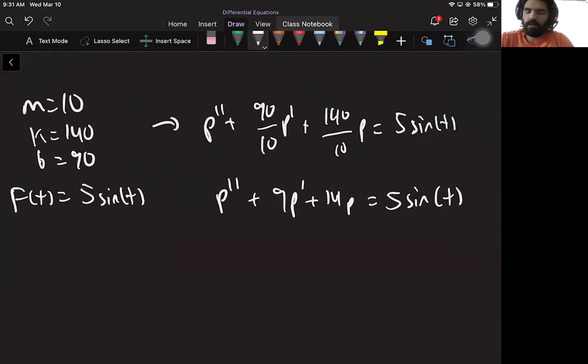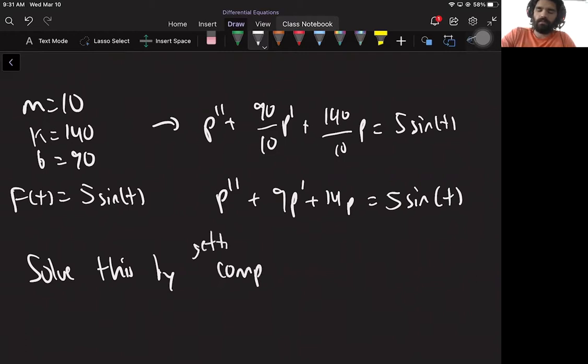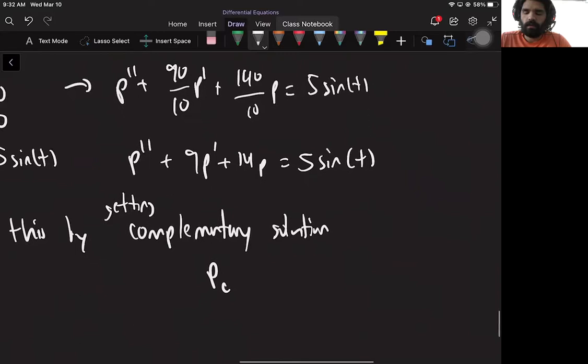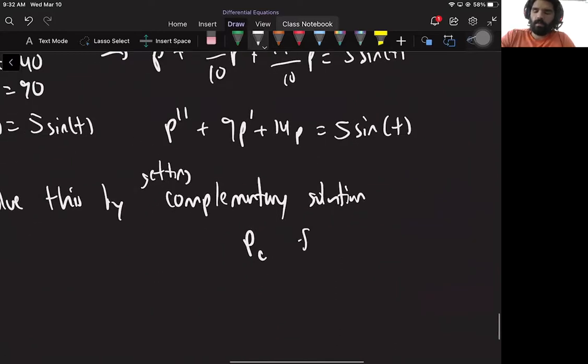But now what we have is a non-homogeneous equation. And so how do we solve this? So first we get the complementary solution, which I guess would be called P sub C instead of Y sub C. And so that just comes from setting the left side equal to 0.